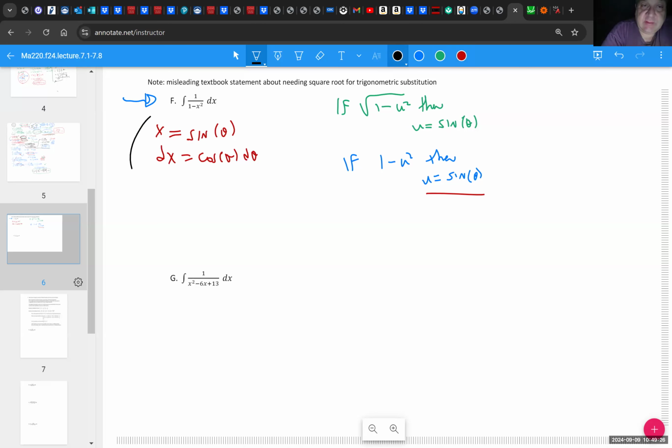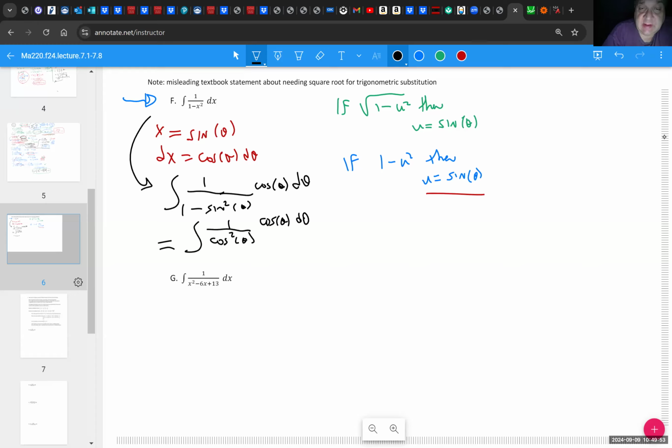And now let's do our substitution. We get 1 over 1 minus sine squared, because x is just sine, and then dx we know is cosine theta d theta. Then 1 minus sine squared is cosine squared, because the whole reason we're doing this is to use that identity. And we have a cosine on top, d theta.